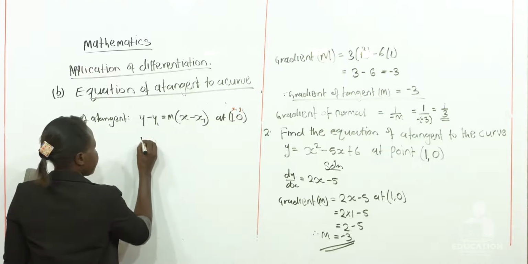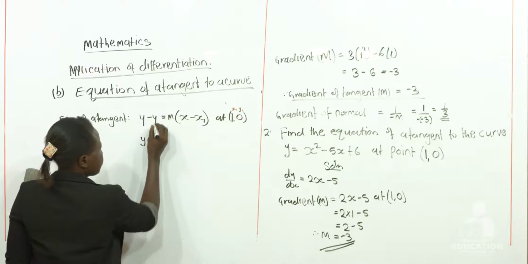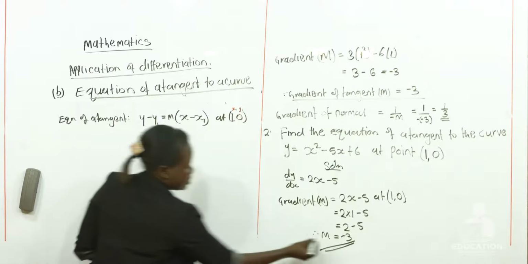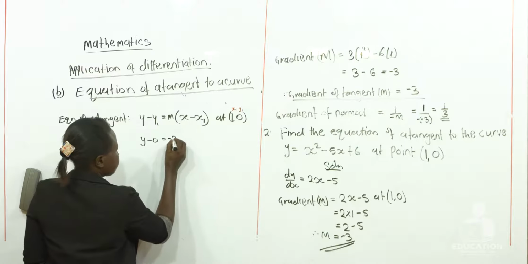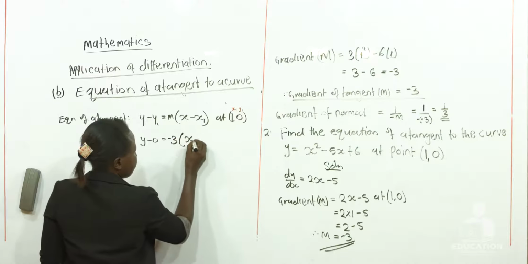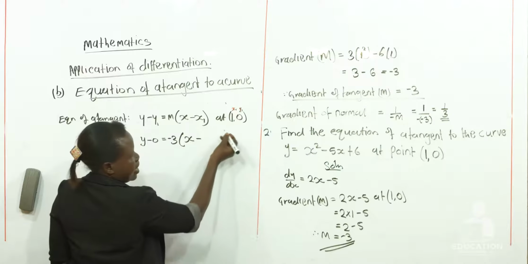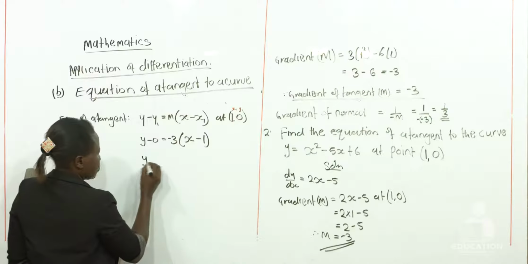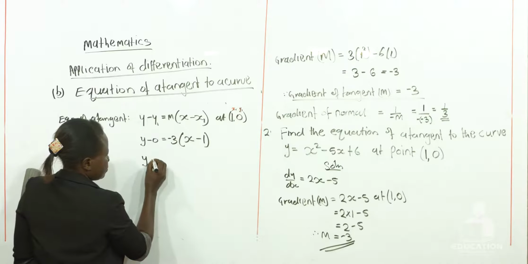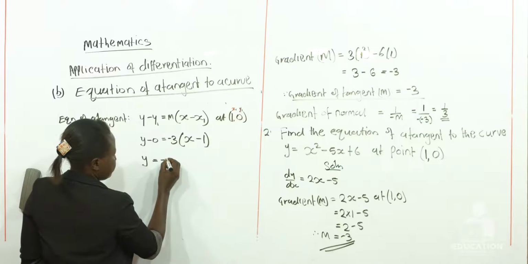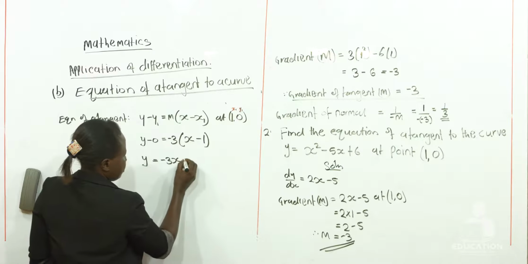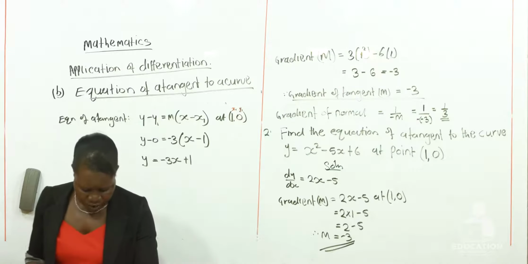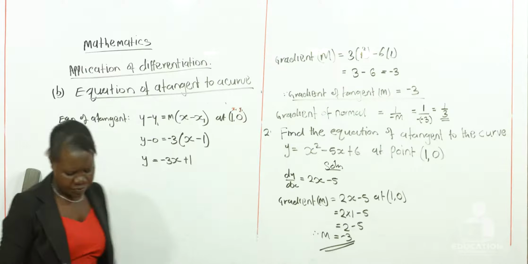We have y minus y1, which is 0, equals m, which is negative 3, into x minus x1, which is 1. So this will give us y equals negative 3x plus 3. That is our equation of a tangent.